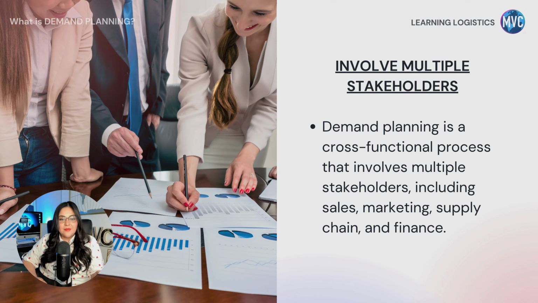So without a demand plan in place that everybody can agree upon, that everybody can be in consensus about within all these different departments that include all these different stakeholders, if we can come to a consensus on one single demand plan, you can't have multiple, you can only have one single demand plan that is going to push forward into our supply plan, then we can proceed. And that's something that is basic in what we know as supply chain management. So keep that in mind.